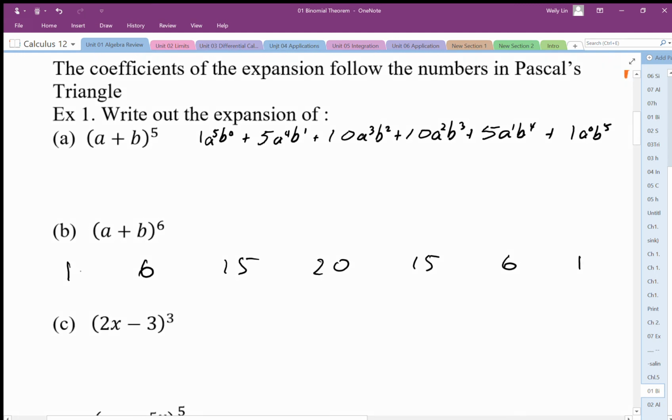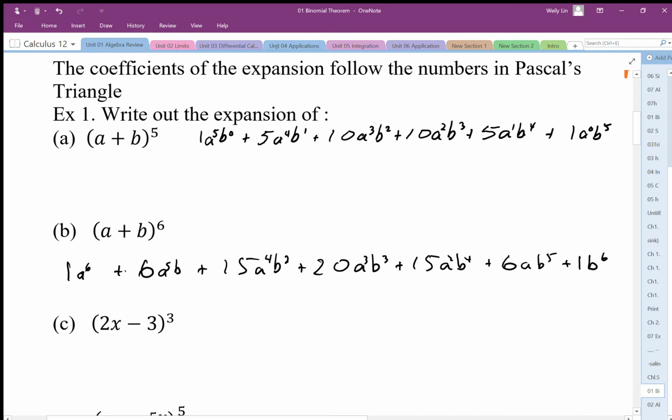So it's going to be a to the power 6, b to the 0. In fact, I'm just going to leave the b to the 0 out. We're going to get a to the power 5, b plus a to the power 4, b squared, plus a cubed, b cubed, plus a squared, b to the 4, plus a b to the 5, plus this is going to be b to the power 6.